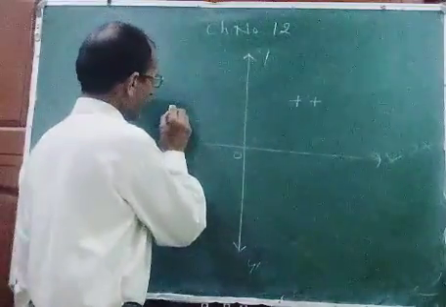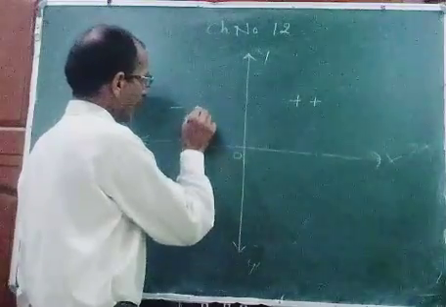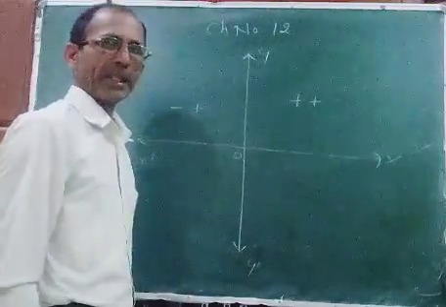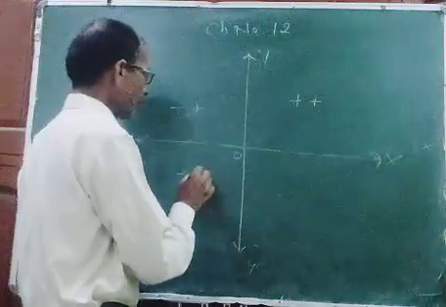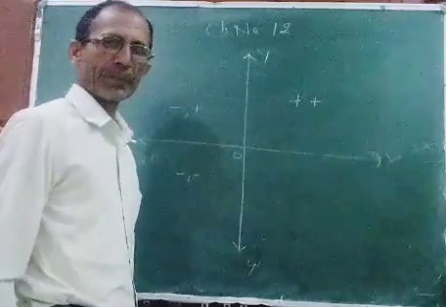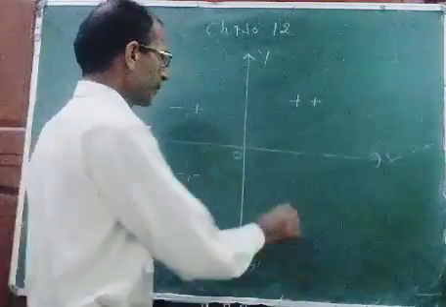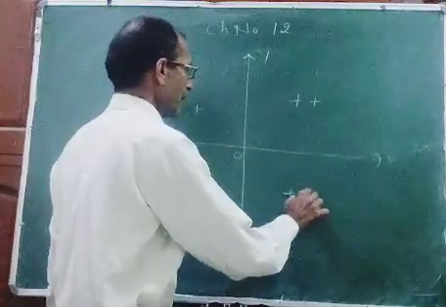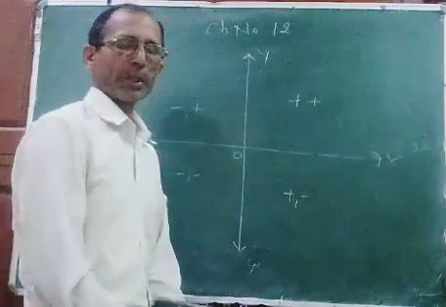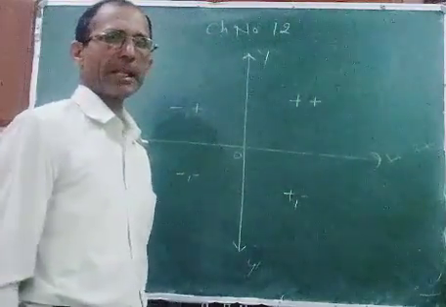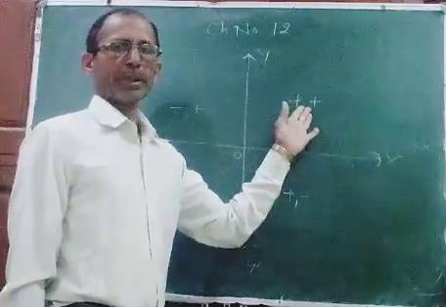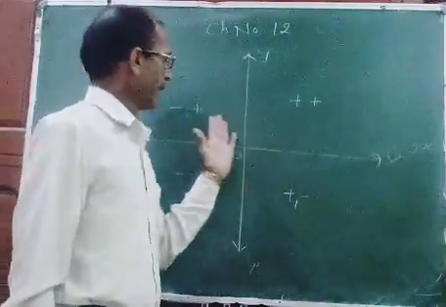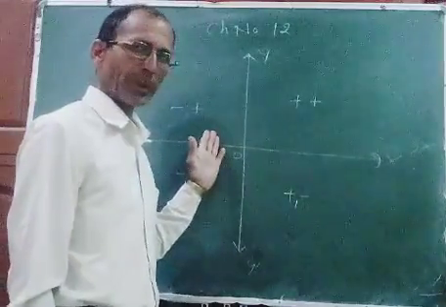In the second quadrant x will be negative and y will be positive. In the third quadrant, both will be negative, and in the fourth quadrant, positive, negative. Any doubt, any confusion? In the first quadrant, both the values will be positive. In the second quadrant, negative, positive.